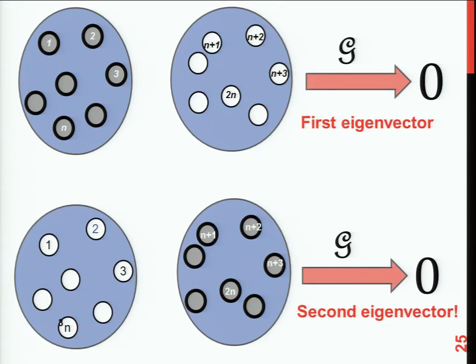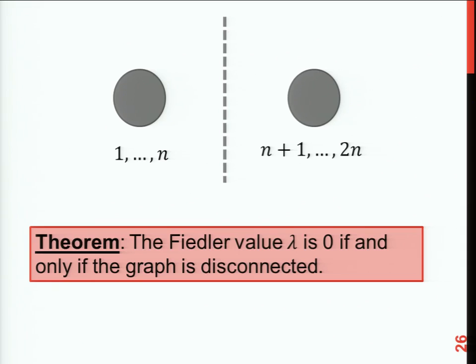In any case, xi yi is always going to be 0. So this vector and this vector are orthogonal to each other, and this is also clearly the minimum because you can't go below 0. So here the second eigenvalue is also 0. This Fiedler value is also 0. So this is the second eigenvector.